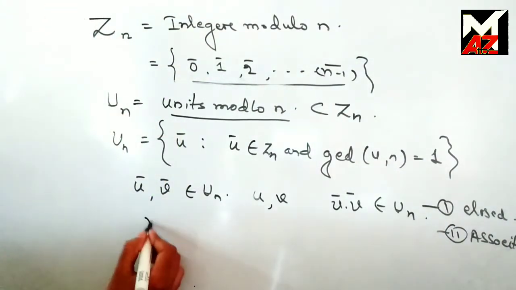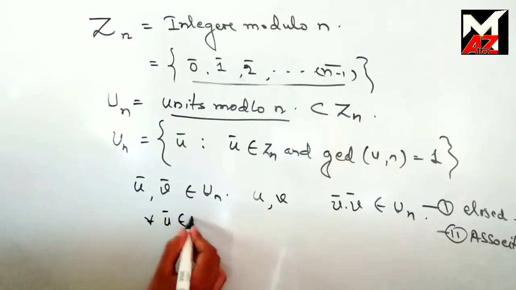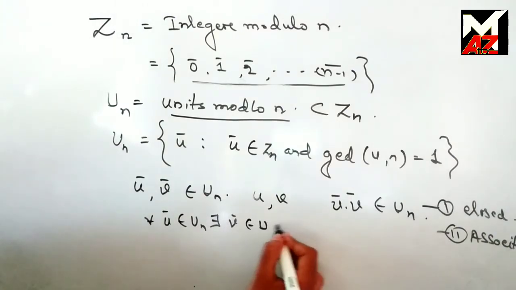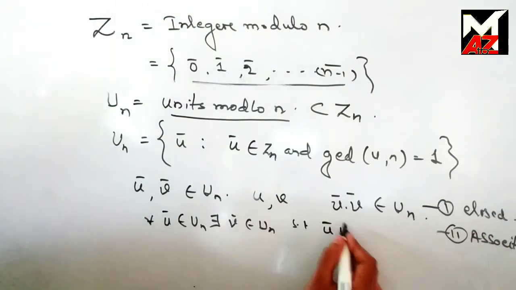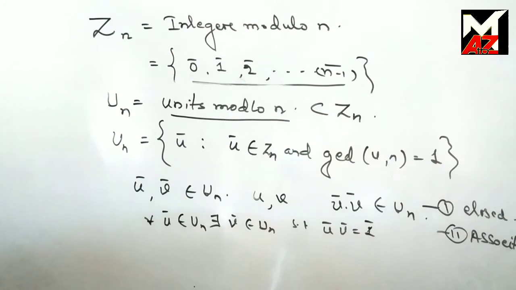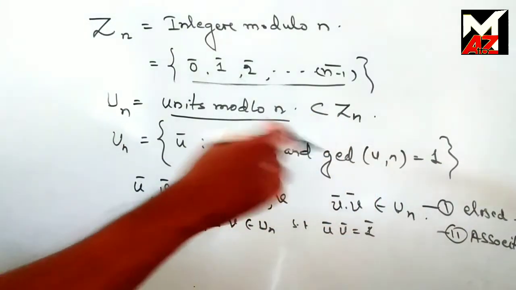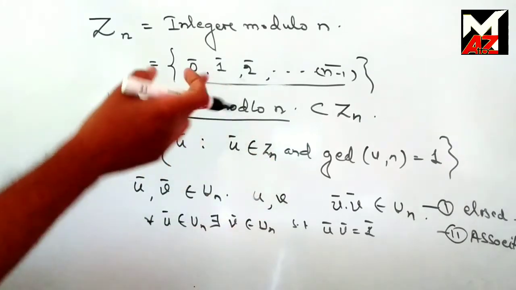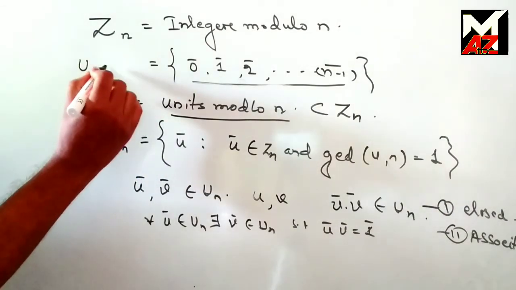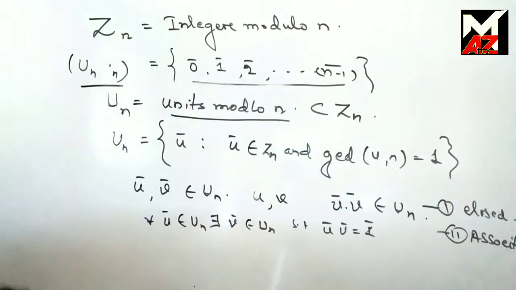So for all U bar belonging to Un, there must exist V bar belonging to Un such that U bar into V bar is equal to 1 bar, because U is prime to n, so its inverse must exist. We proved this here. So the inverse property is fulfilled, and all the properties of a group hold. So Un with respect to multiplication modulo n is a group.